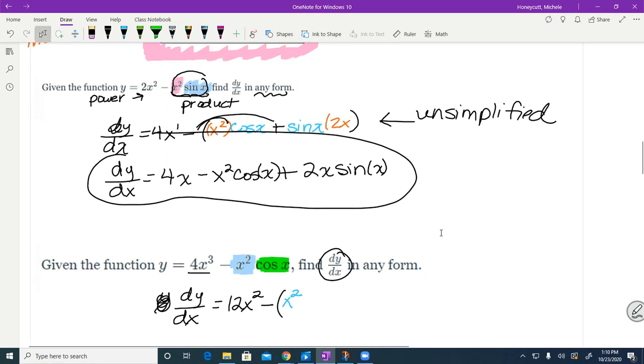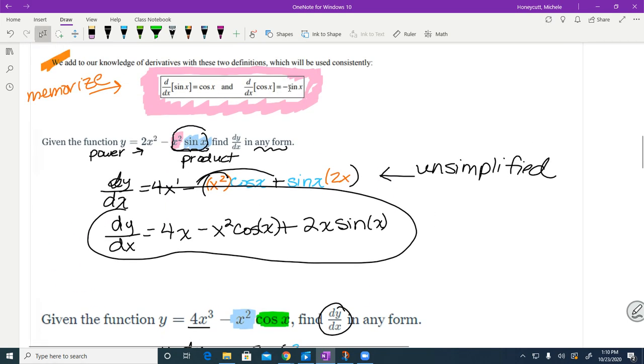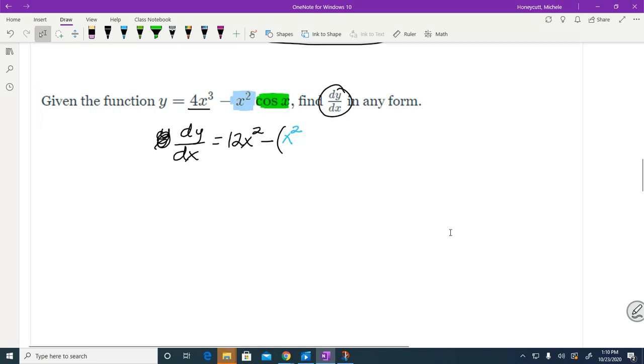The derivative of cosine is negative sine. So x squared times negative sine, first times derivative of second, plus the second, which is cosine, times the derivative of the first. So the derivative of x squared is 2x. And again, I'm subtracting because I'm subtracting that entire product.